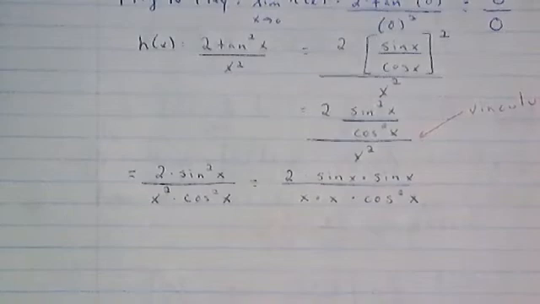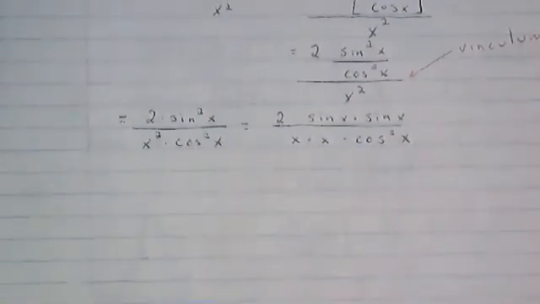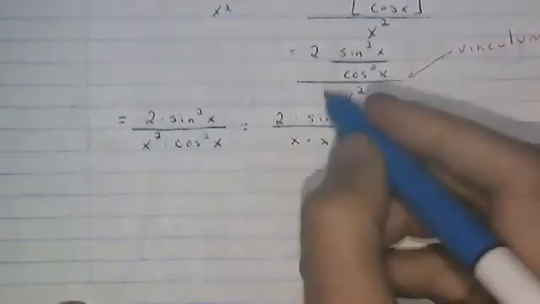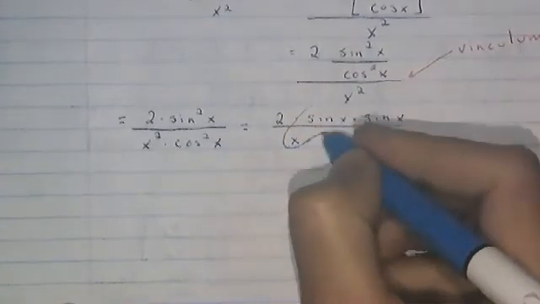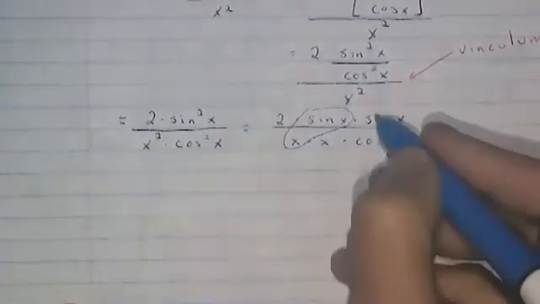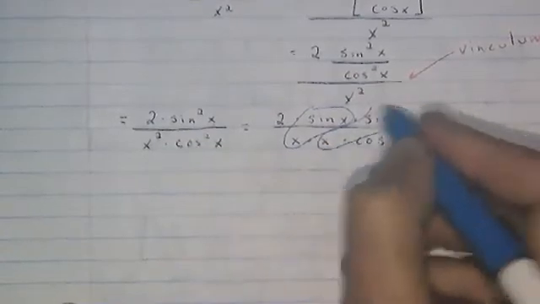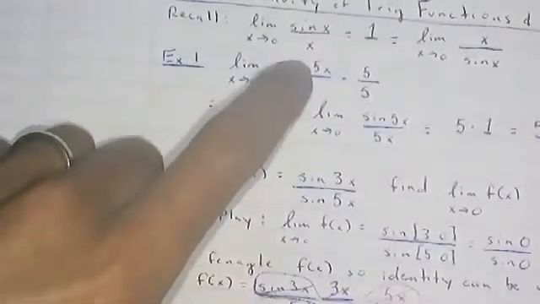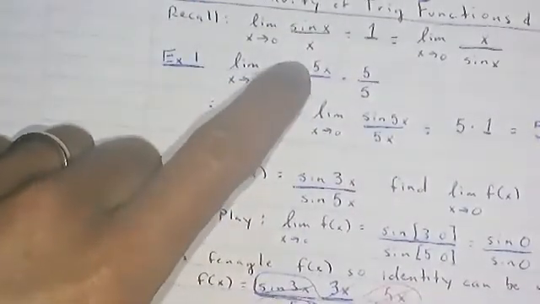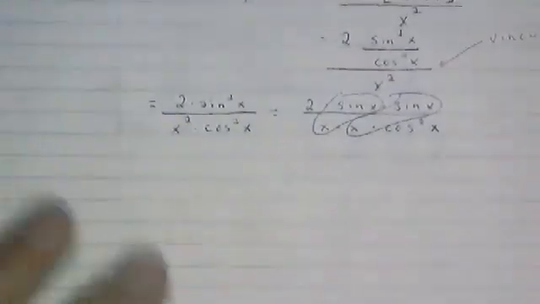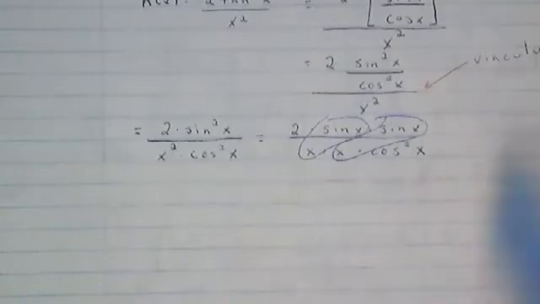Now we have a sine of x over x and a sine of x over x. What were we looking for? We were looking for sine of x's over x's. Let's see what happens now. We finagle our way to something that looks like it might be friendly.